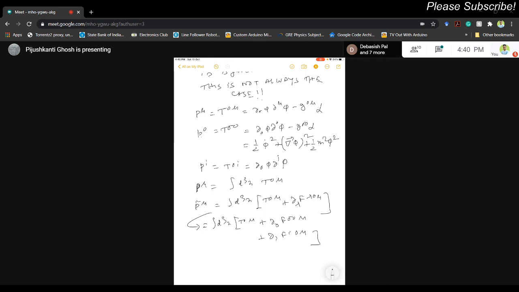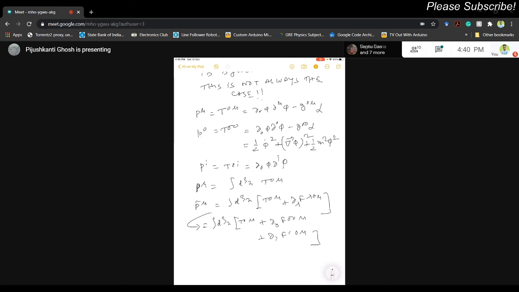Now I use the property that F lambda 0 mu is antisymmetric.